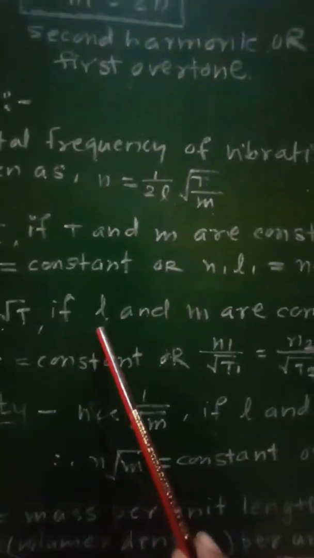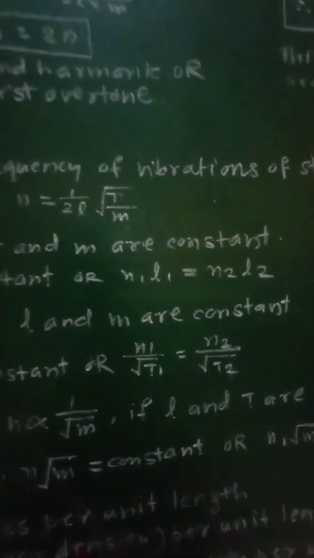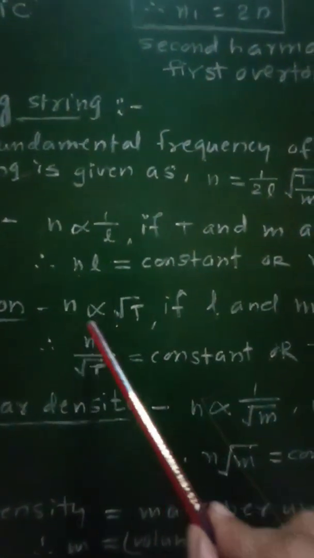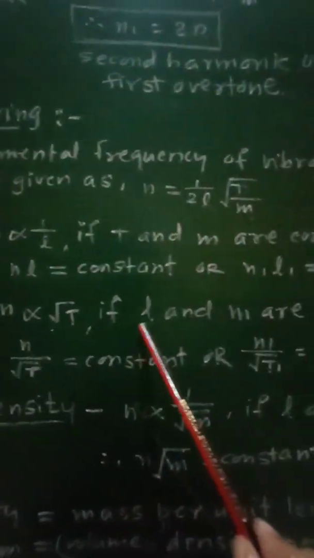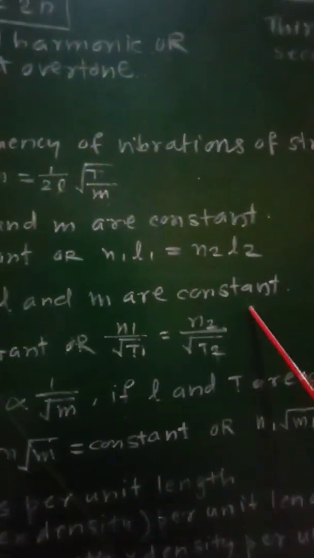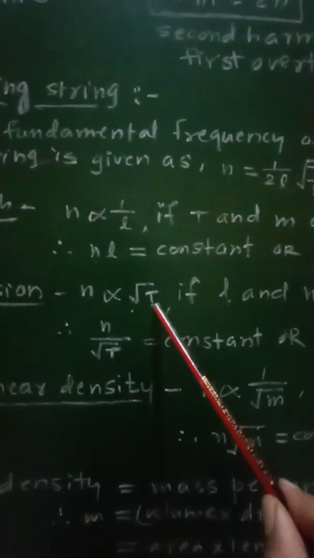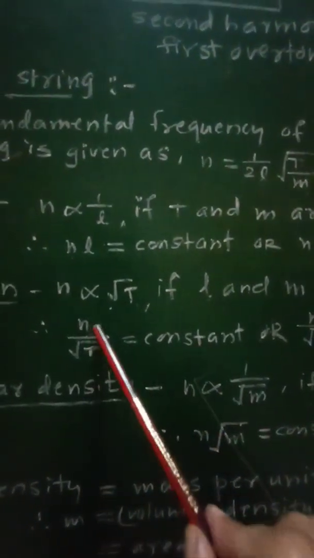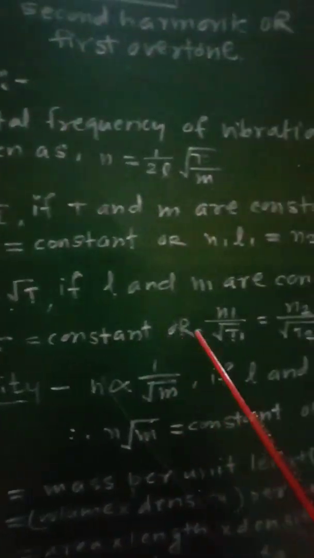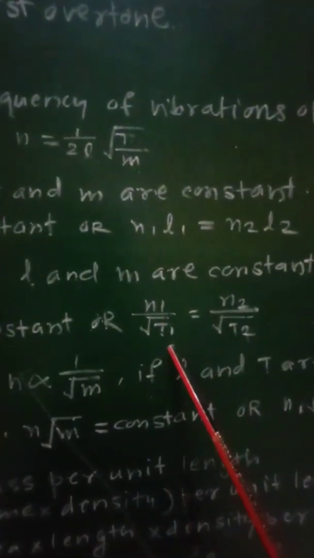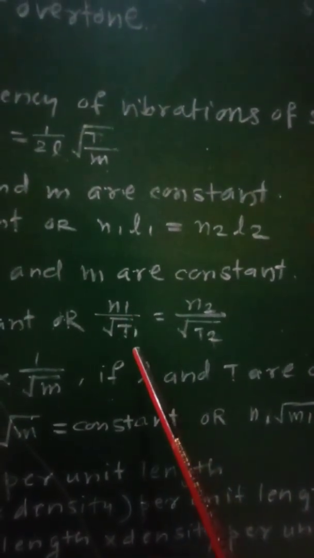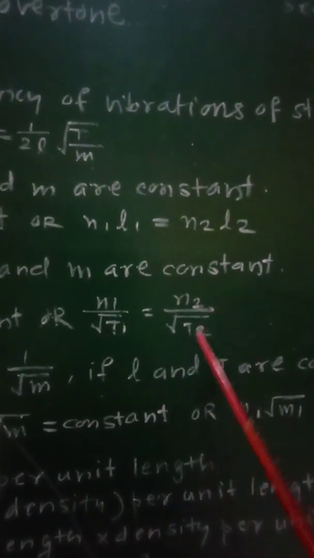So in this case, L and M are constant, and therefore mathematically it will be given as n proportional to root T if L and M are constant. So from this we can write n by root T equal to constant, or n1 by root T1 equal to n2 by root T2.